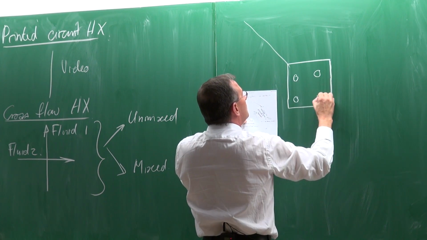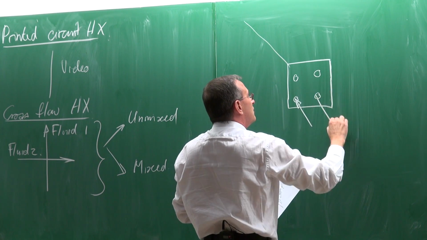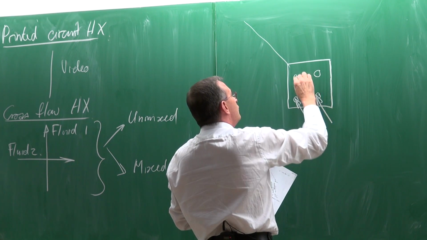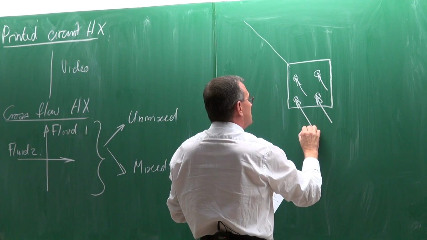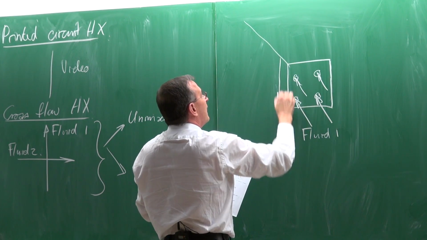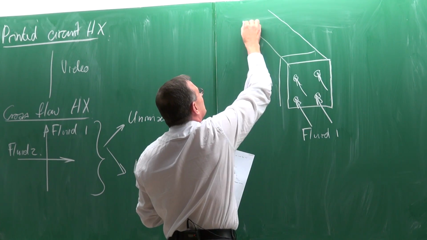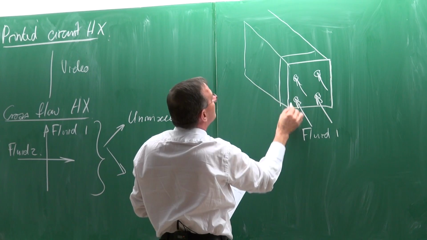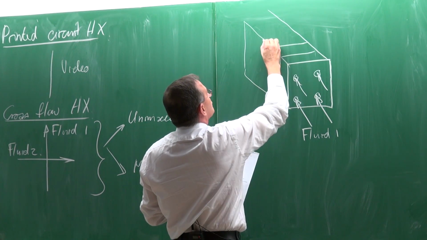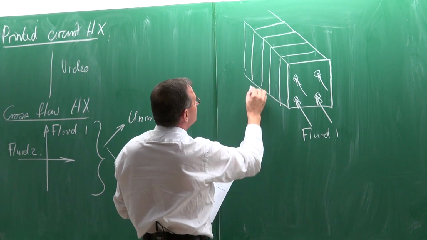This is now the tubes through which fluid 1 will flow. So that's fluid 1. And what we have here is plates, like that. Lots of them, normally quite close to each other, a few millimeters.